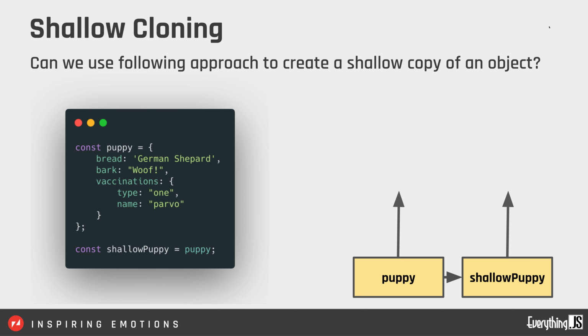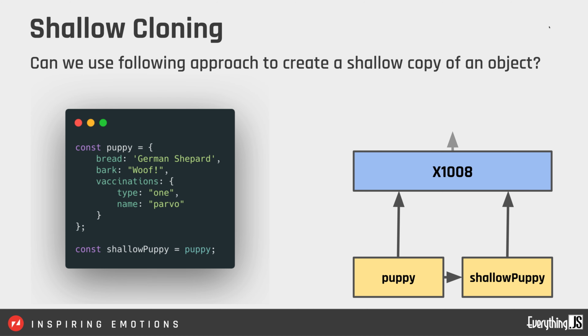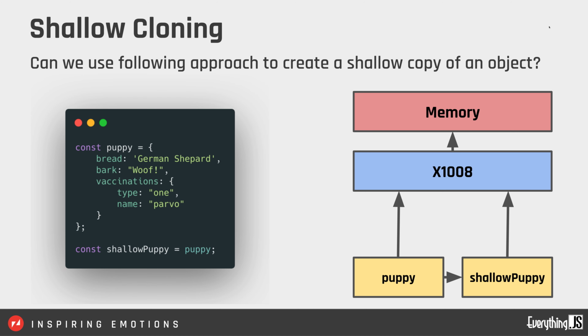So in memory, puppy and shallowPuppy refer to the same memory address. There's no such thing as two objects here. One object is there and two variables are referring to the same memory reference.